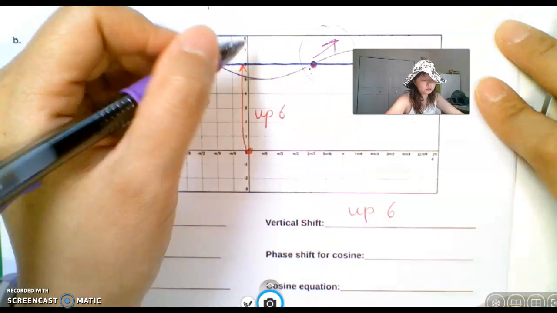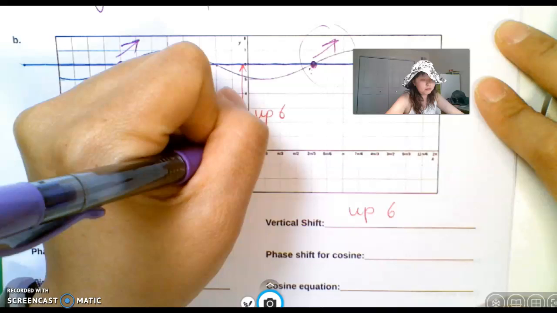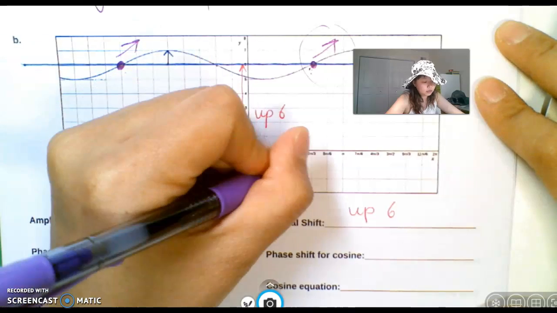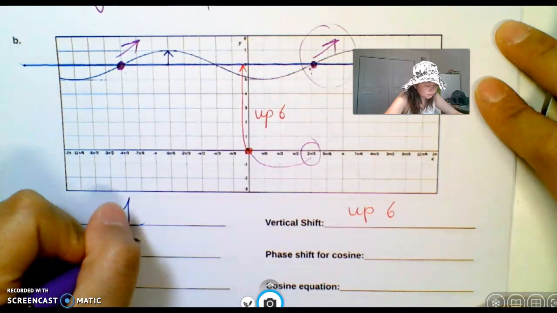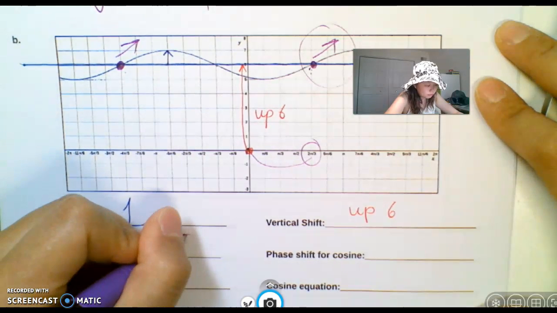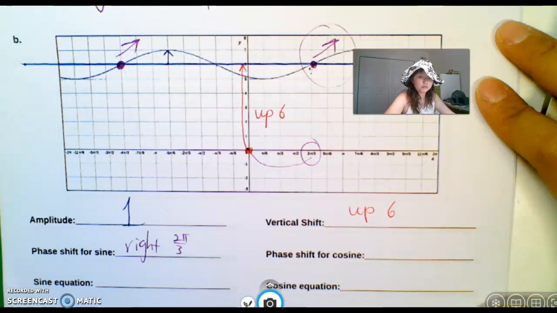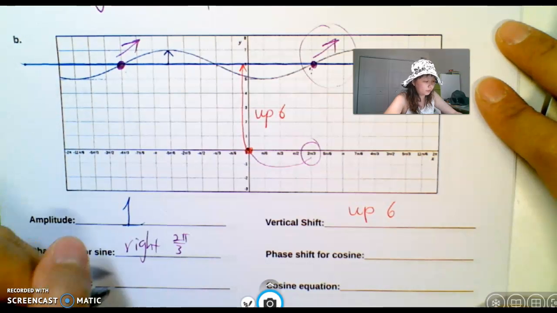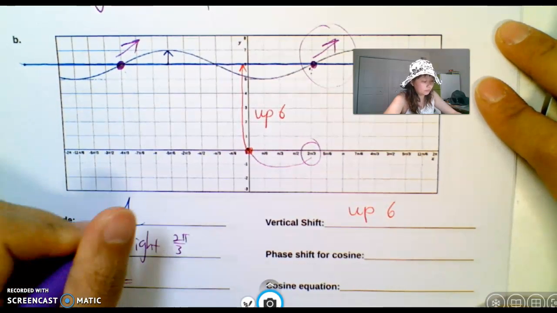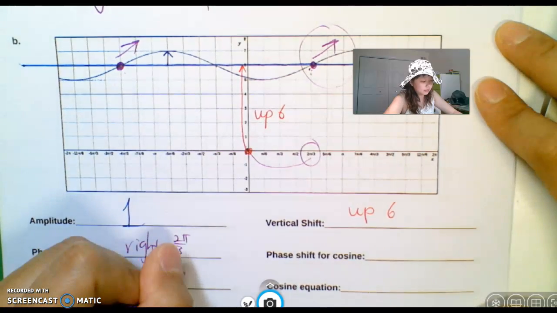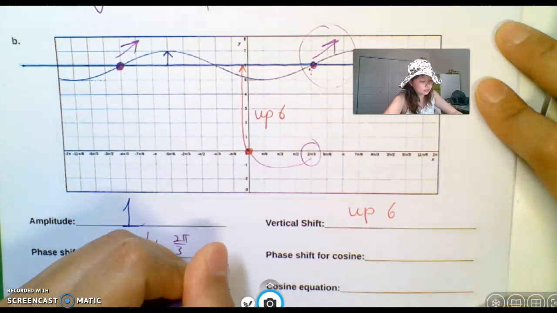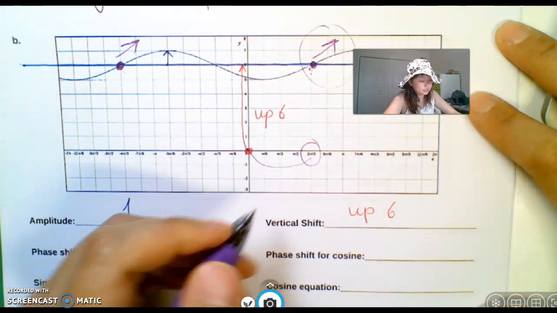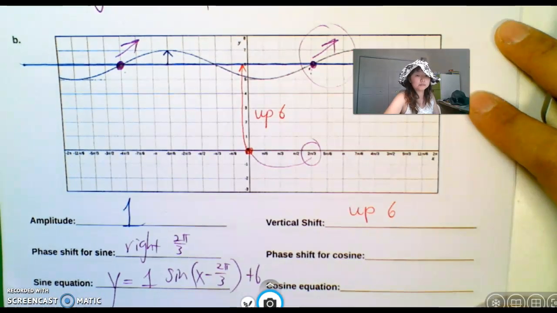Instead of being in the middle at the origin, it moved to the right 2 pi over 3. So my equation would be y equals amplitude 1 sine, right means subtract 2 pi over 3, up 6 means plus 6. That's the sine.